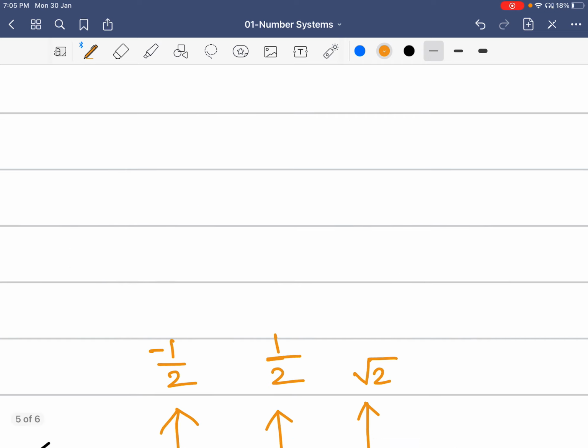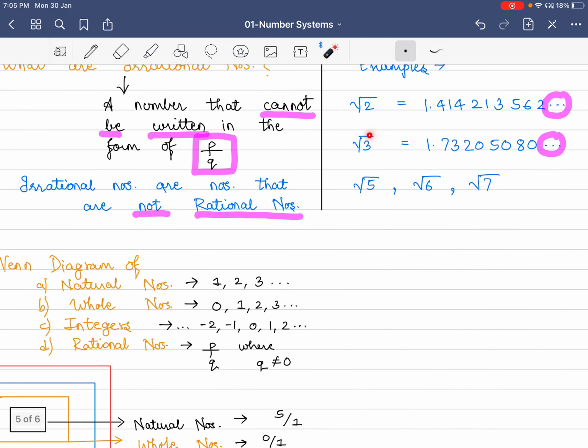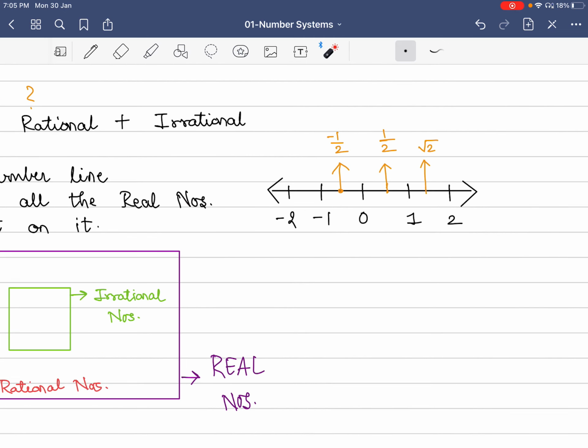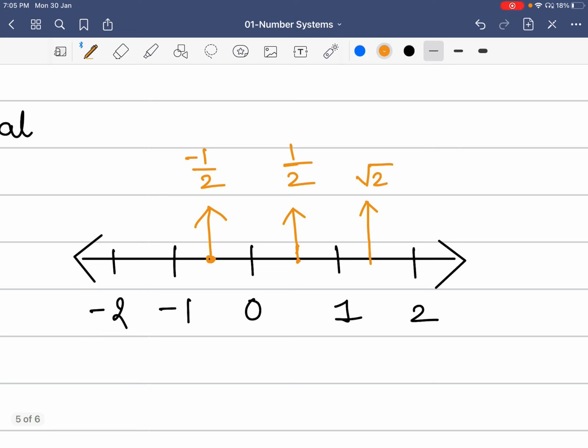Similarly, the square root of 3 is 1.7, so it's roughly going to be somewhere here. This will be our square root of 3. Thus a number line will have all the real numbers, which means it will have both the rational numbers and the irrational numbers.